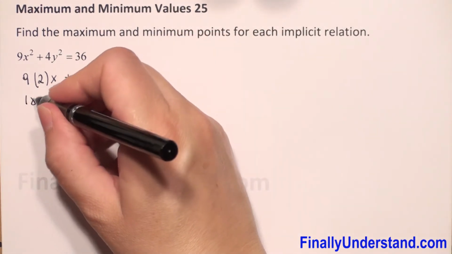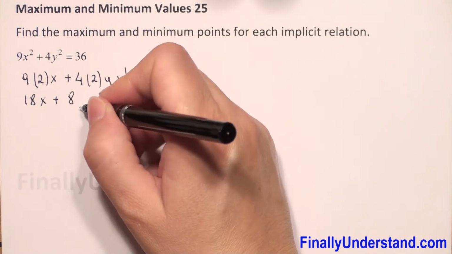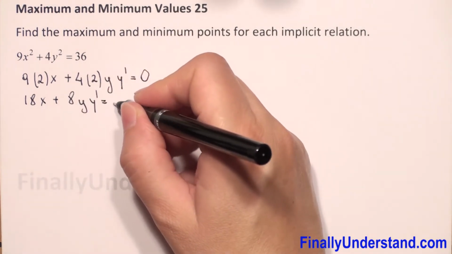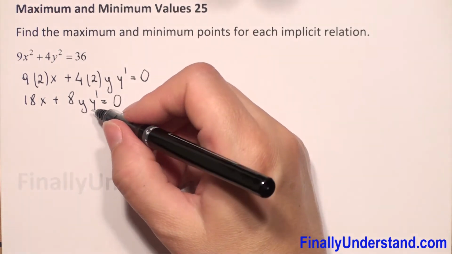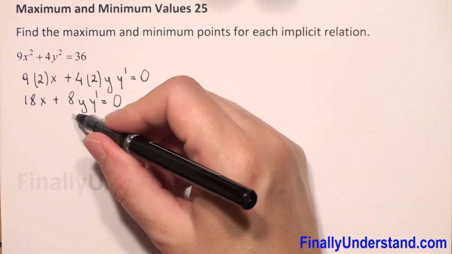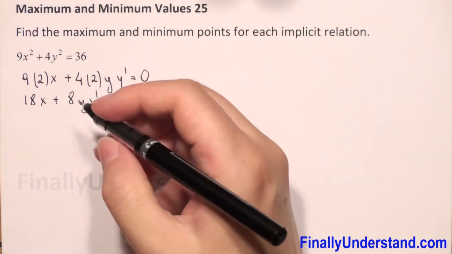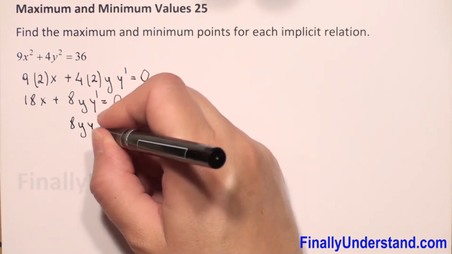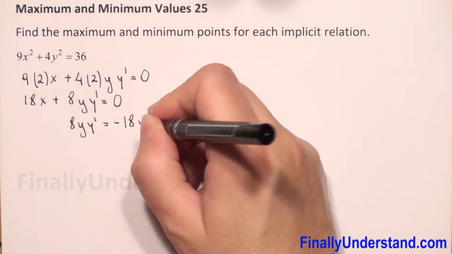So we have 18x plus 8y y prime is equal 0. Now I will collect term with y prime on the left side and 18x I will move to the right side. So we have 8y times y prime equals negative 18x.